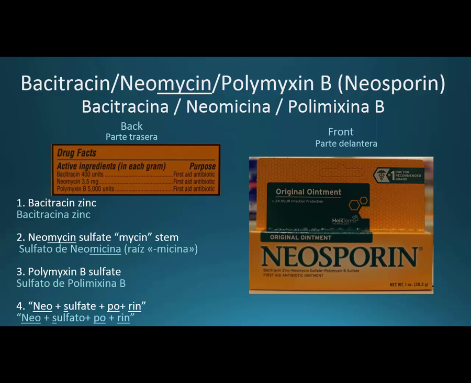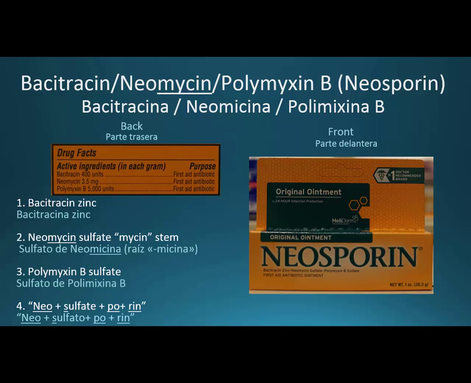Bacitracin, neomycin, polymyxin B becomes bacitracina, neomycina, and polymyxina B. Number 1 is bacitracin zinc, bacitracina zinc. 2 is neomycin sulfate.